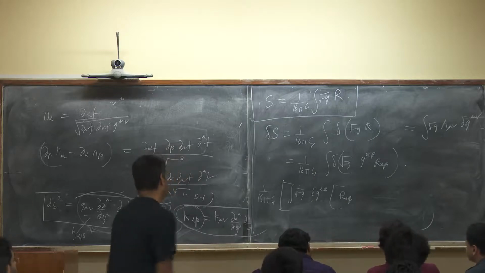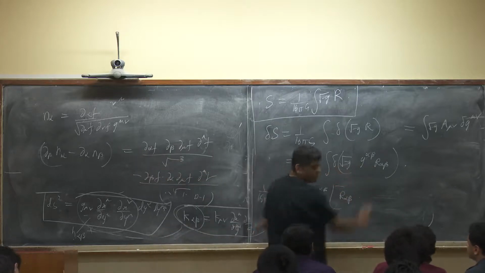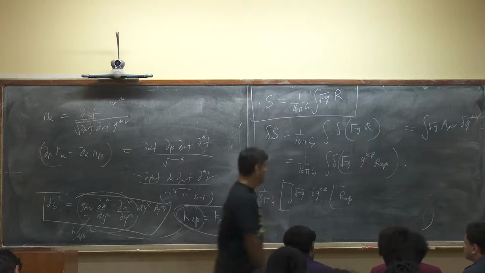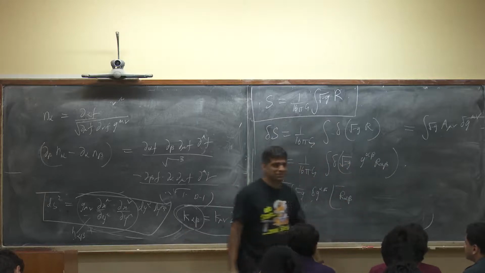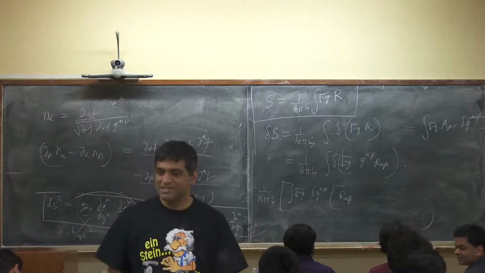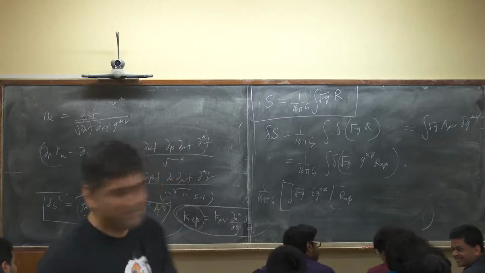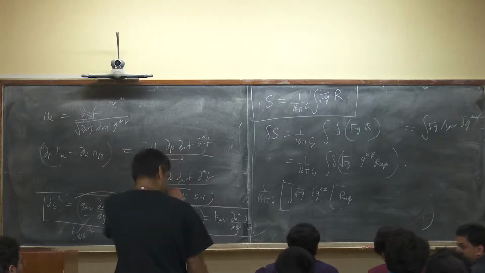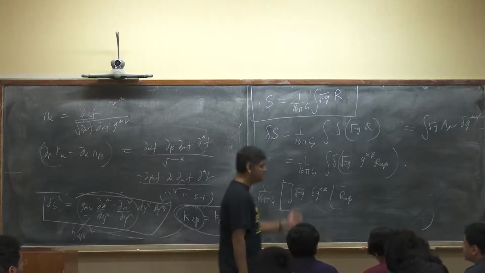Is this clear? That's where the delta hits this g upper. The next term is where the delta hits the square root minus g. Now you guys are all experts at varying determinants of matrices. Can somebody tell me what the formula for that is? What will you get from varying square root minus g?